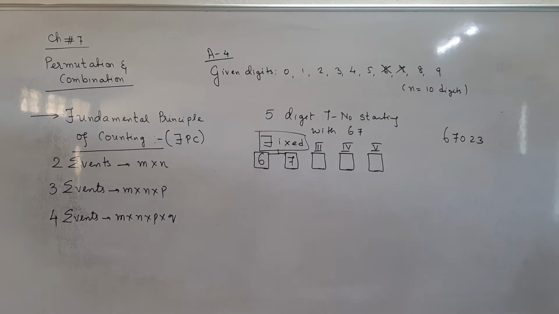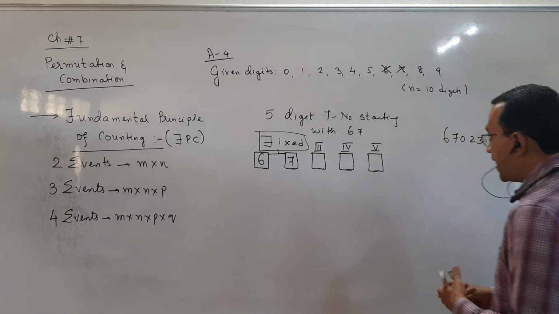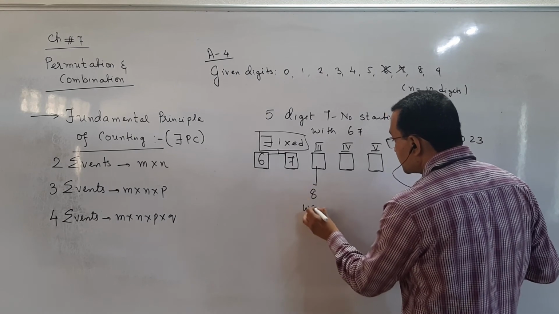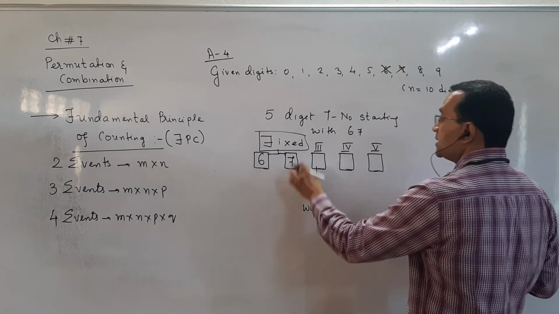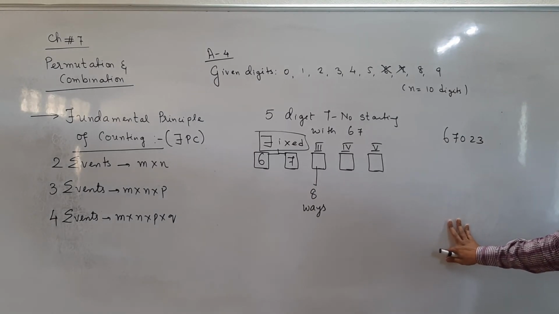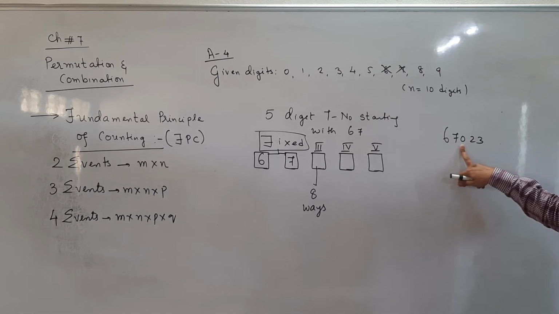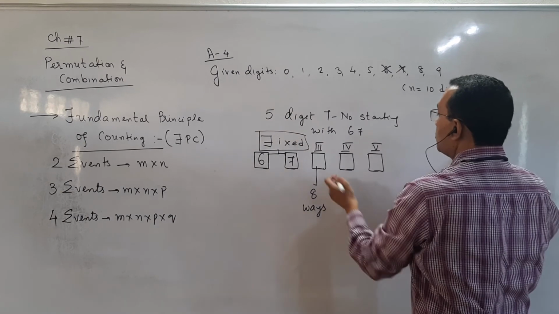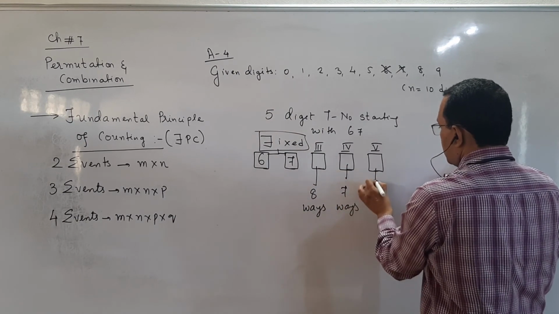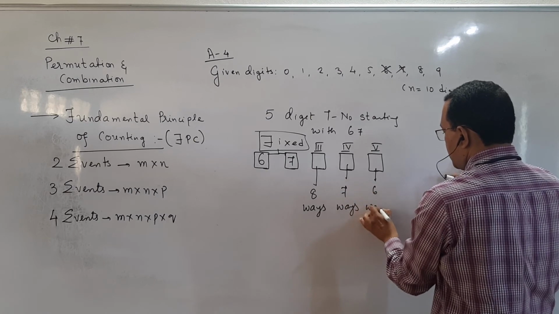So my third digit will have only 8 options, barring 6 and 7. Barring means excluding 6 and 7. Suppose 0 is occupied. So now 0 is also removed. So the fourth digit has only 7 options and then 6 options.